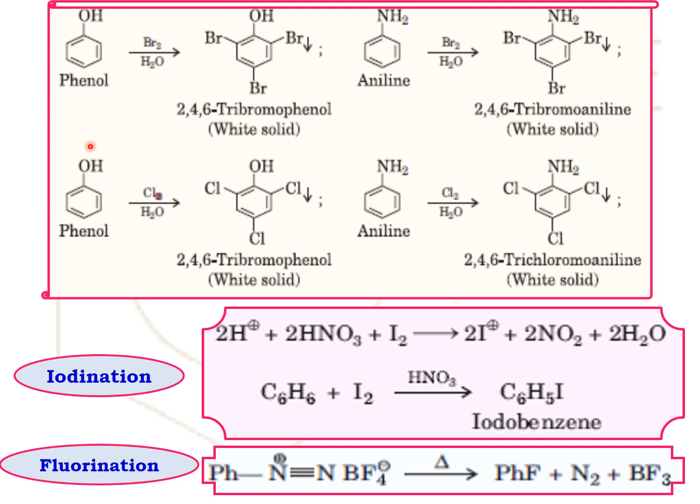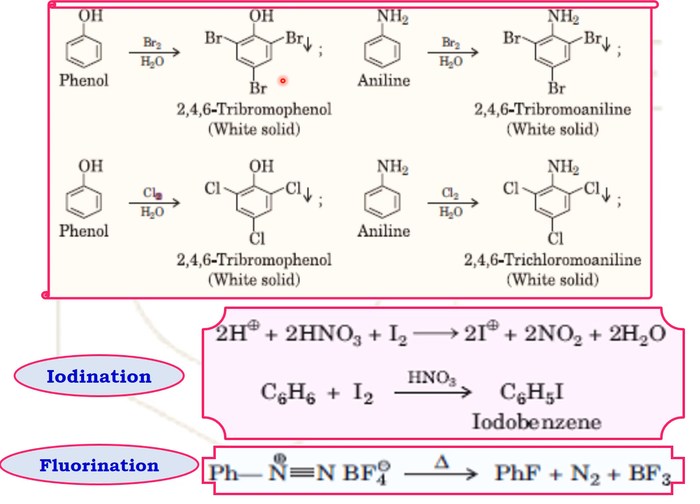While brominating simple monohydric phenol, it gives tribromophenol, a white solid. Similarly, upon bromination of aniline, it gives tribromoaniline, a white solid. So from this reaction, we can estimate how much phenol is present in our unknown sample.